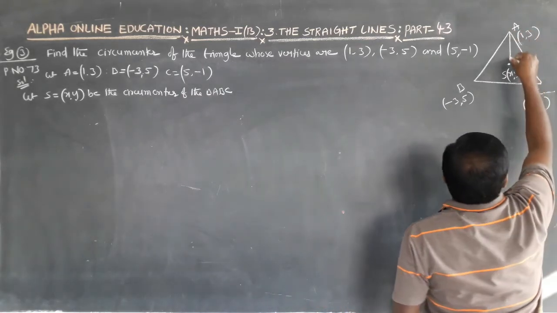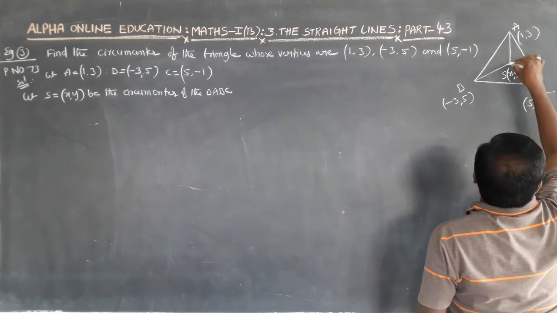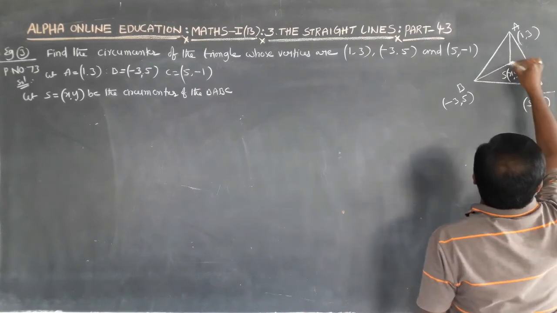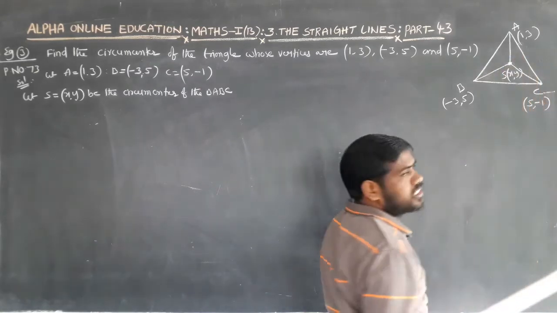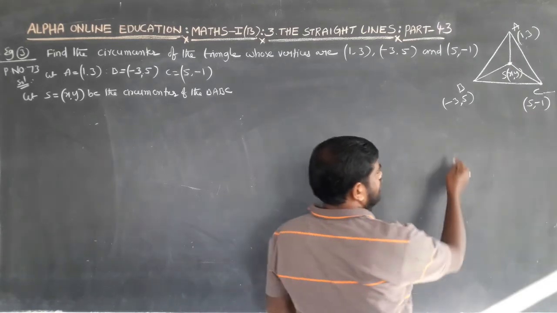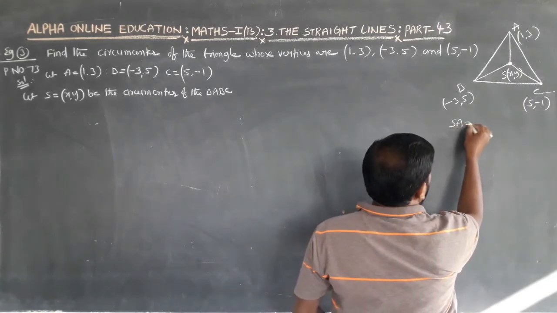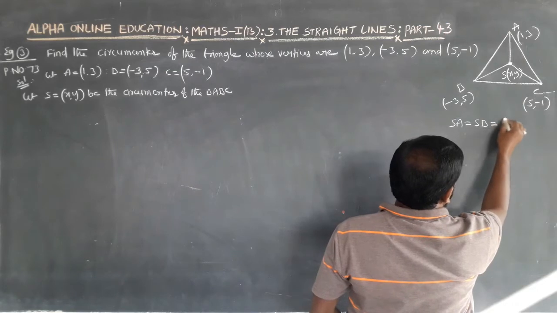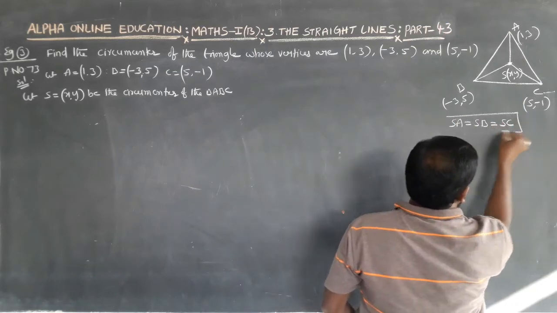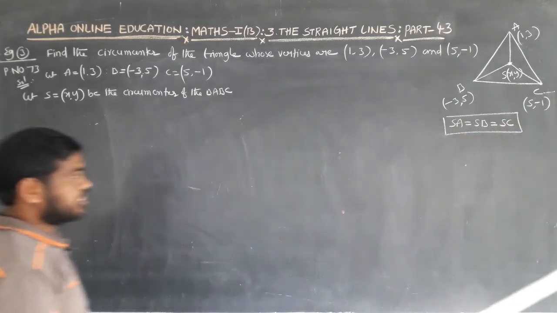By the definition of the circumcenter, the circumcenter is equidistant from the vertices, so SA is equal to SB is equal to SC.